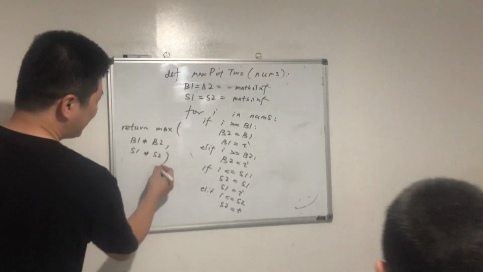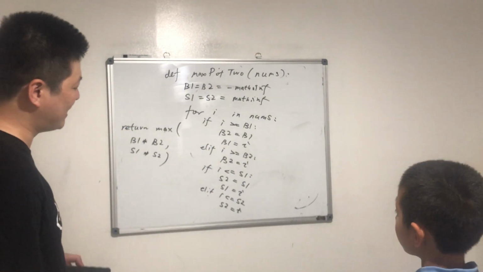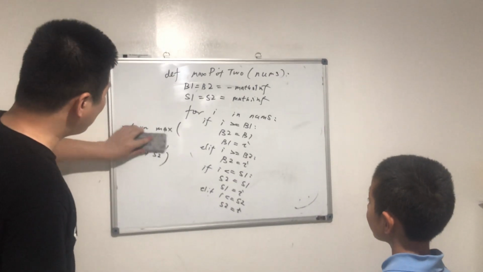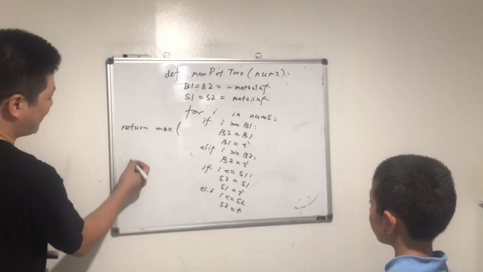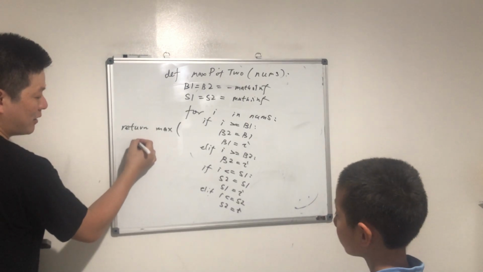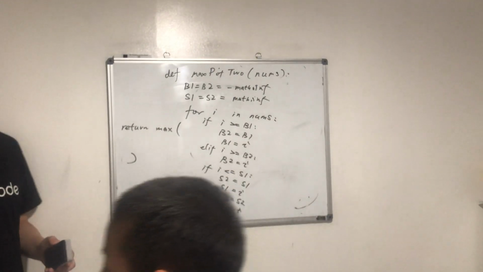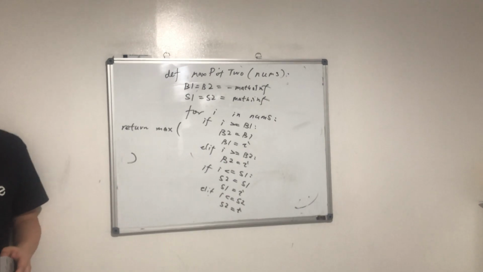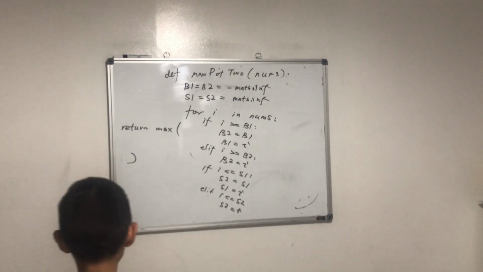Okay, that's very good. I'm just going to erase this bit. Can you tell me what to put here? B1 times B2. S1 times S2. You want to write it? Come on.